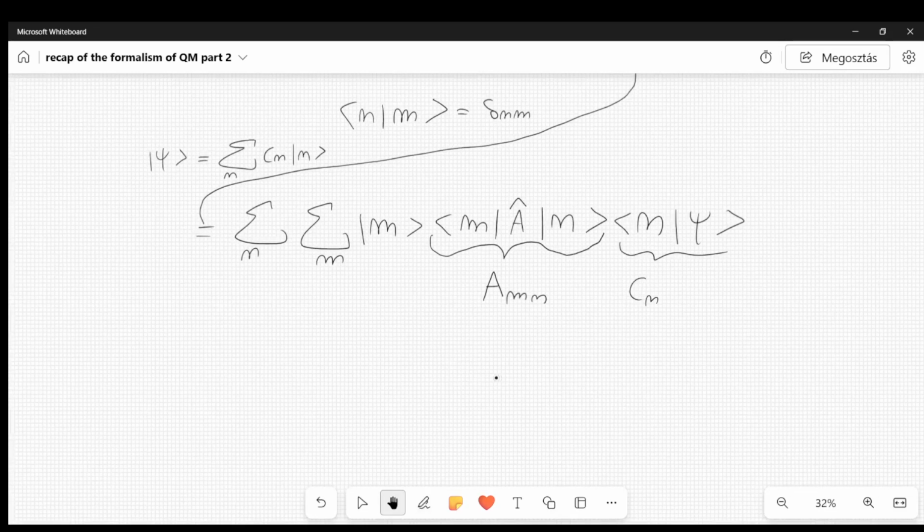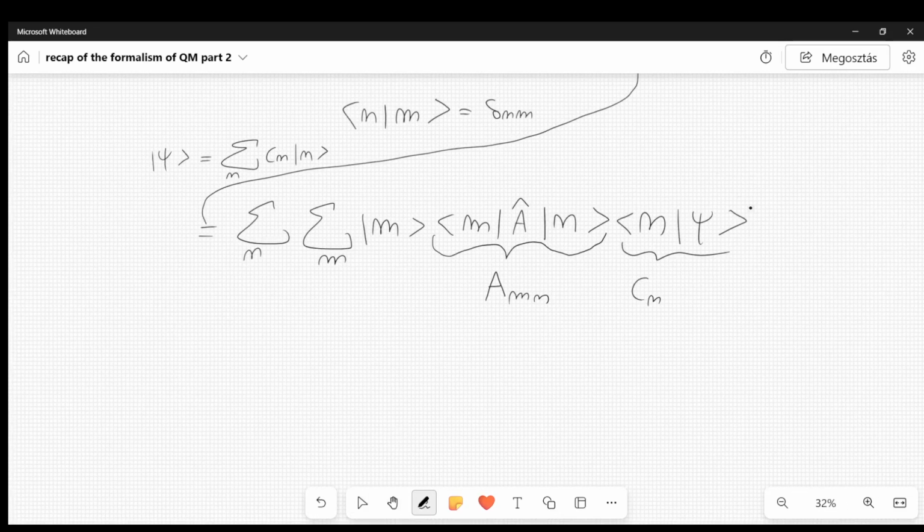And if you rewrite the formula, we can rewrite it as summation over m, and then we have a summation over n. So I have rearranged the two summations. I have written the summation over m first.